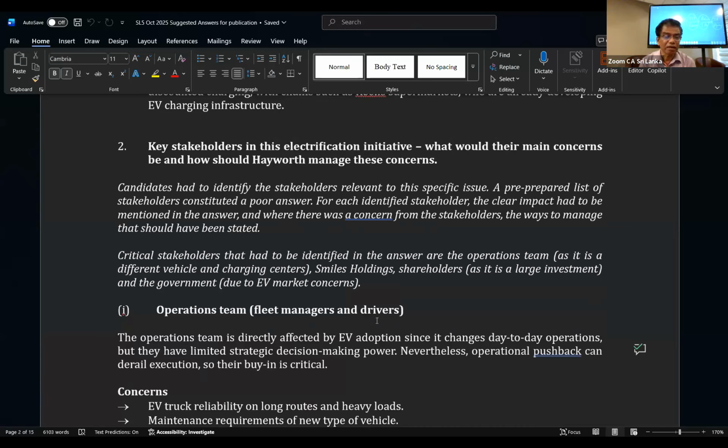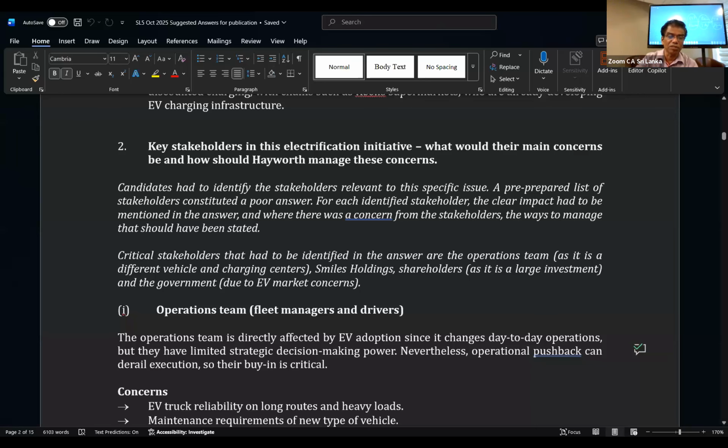Now new electric vehicles are coming, and the technology and everything has changed, right? So Haworth has to train them. The fleet managers must know about the vehicles, their maintenance, everything. Drivers must know how to drive these EV vehicles. Then there are issues, and everything is important, right?